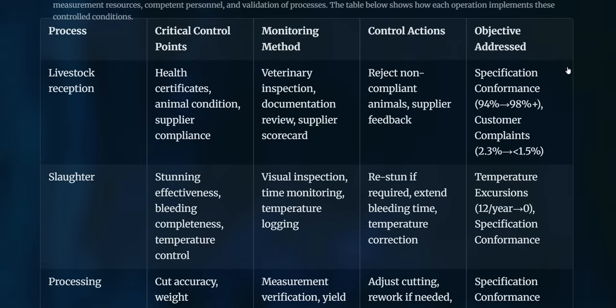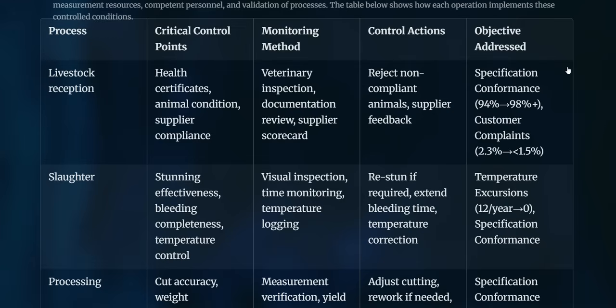The second process is slaughtering. The critical control points here include stunning effectiveness, bleeding completeness, and temperature control. The monitoring methods we have for slaughter processes include visual inspection, time monitoring, and temperature logging.